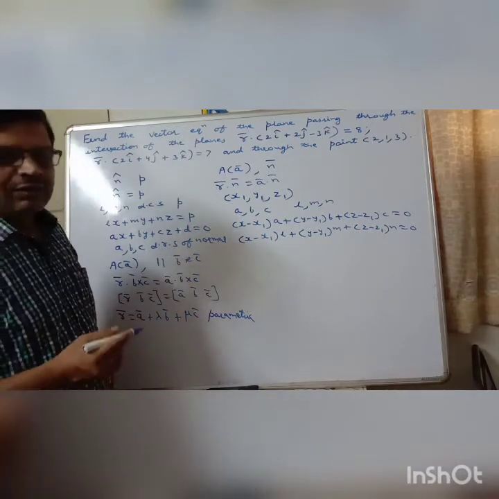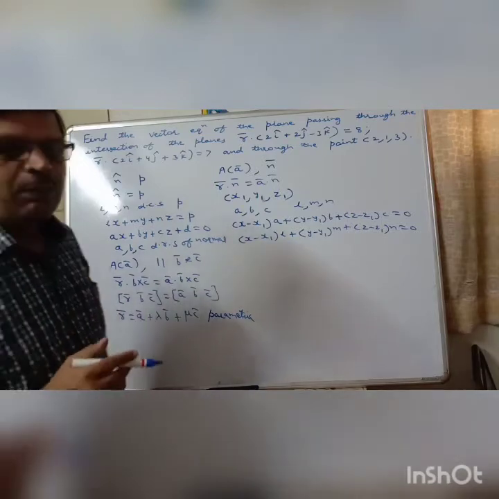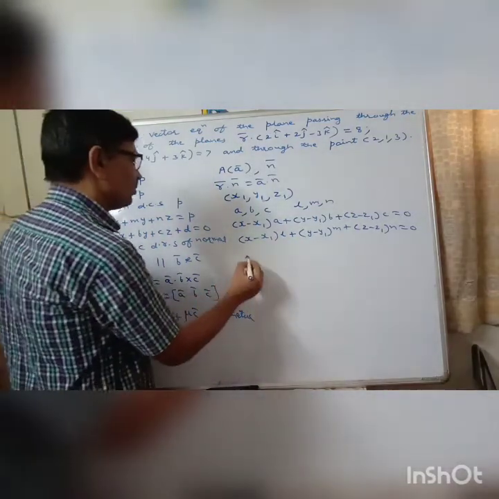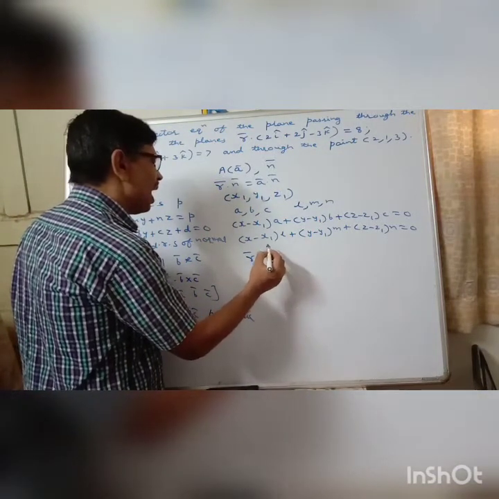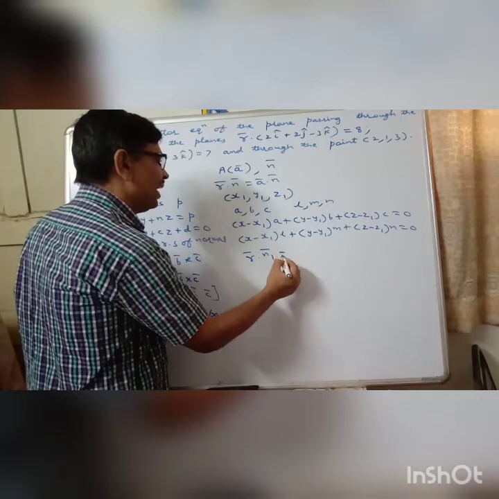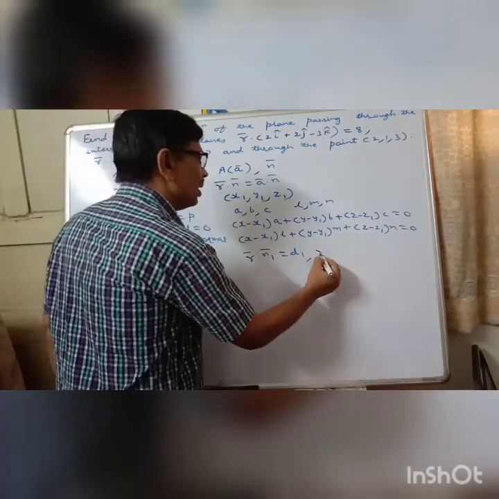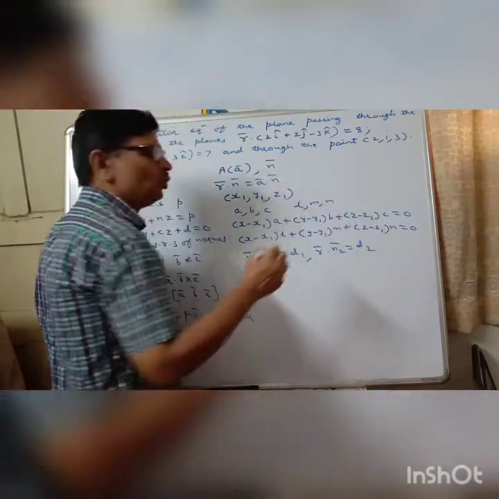We can find equation of plane passing through intersection of two planes. Suppose equations of two planes are R bar dot N1 bar equal to D1, R bar dot N2 bar equal to D2.